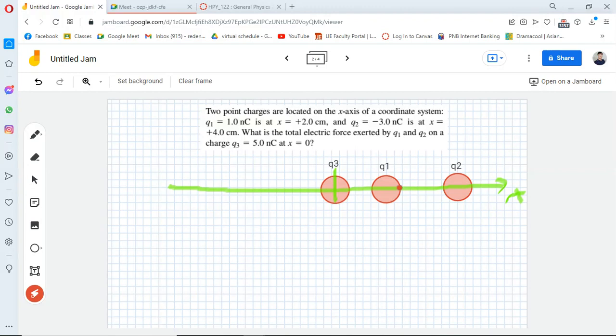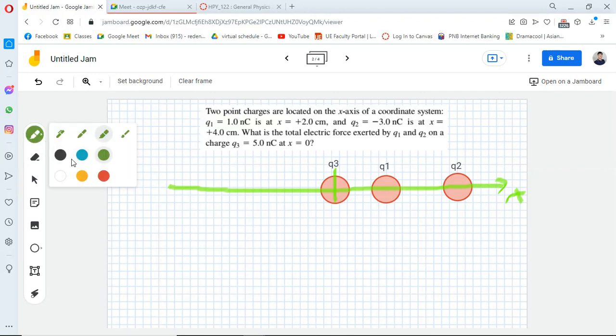You are not concerned with the interaction of Q1 and Q2. Okay, because your frame of reference is Q3. Take note with that. You don't need to solve the electric force between Q1 and Q2 or Q2 to Q1, but rather the electric force between Q3 and Q1, Q3 and Q2. Okay, so I hope that is clear to everyone else.